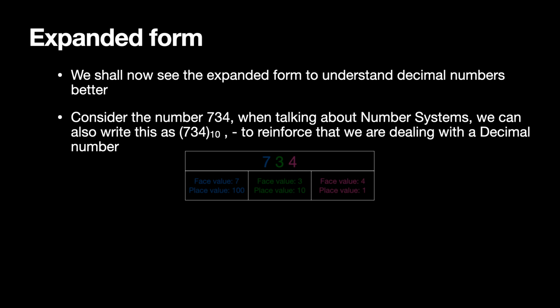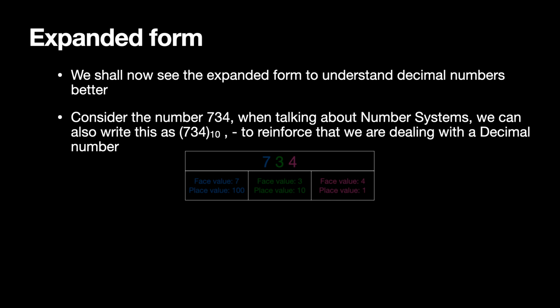So when we look at this number 734, essentially we are saying the least significant digit 4 has a face value of 4 and a place value of ones, 1, that is 10 to the power 0. The number 3 has a face value of 3 and a place value of 10, that is 10 to the power 1.